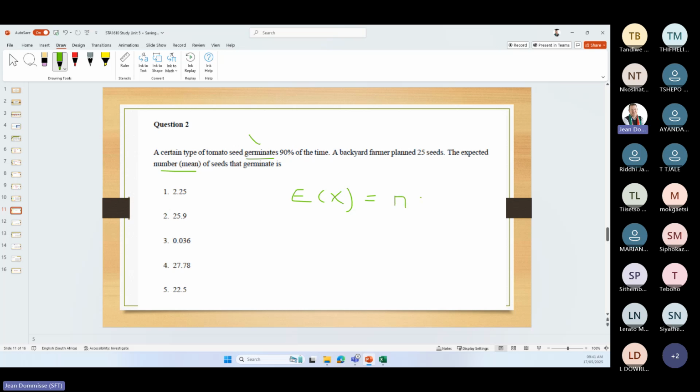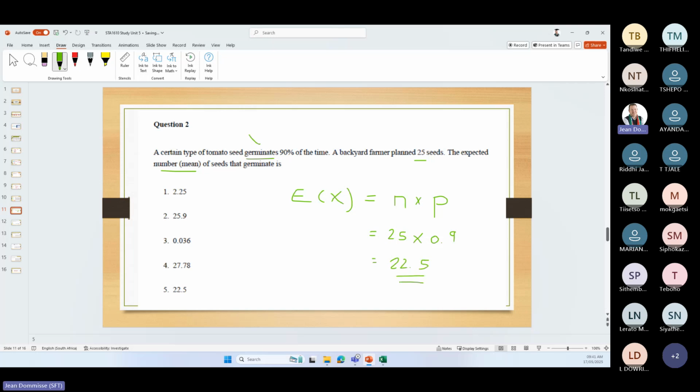The mean is n times p. N is 25. P is 0.9. So if we work that out, it is 22.5, which is the mean.